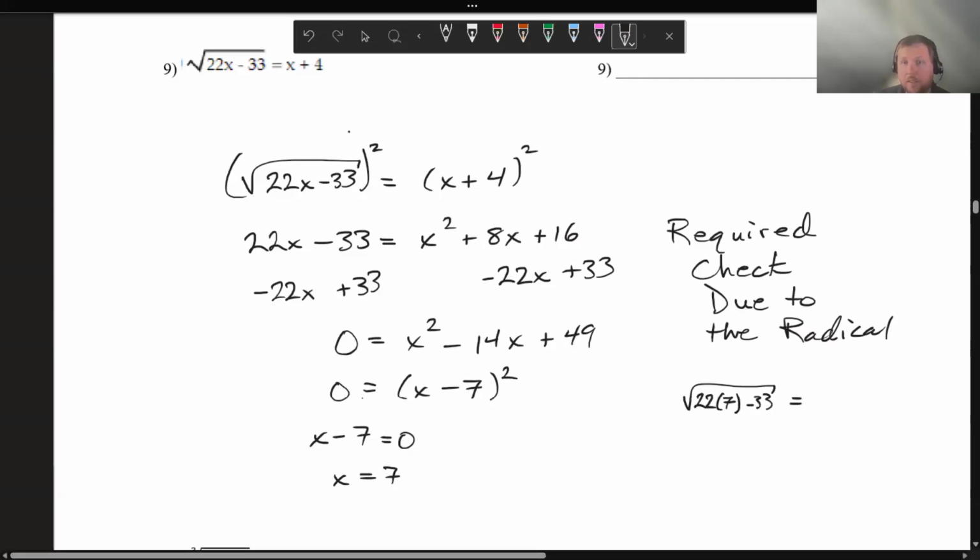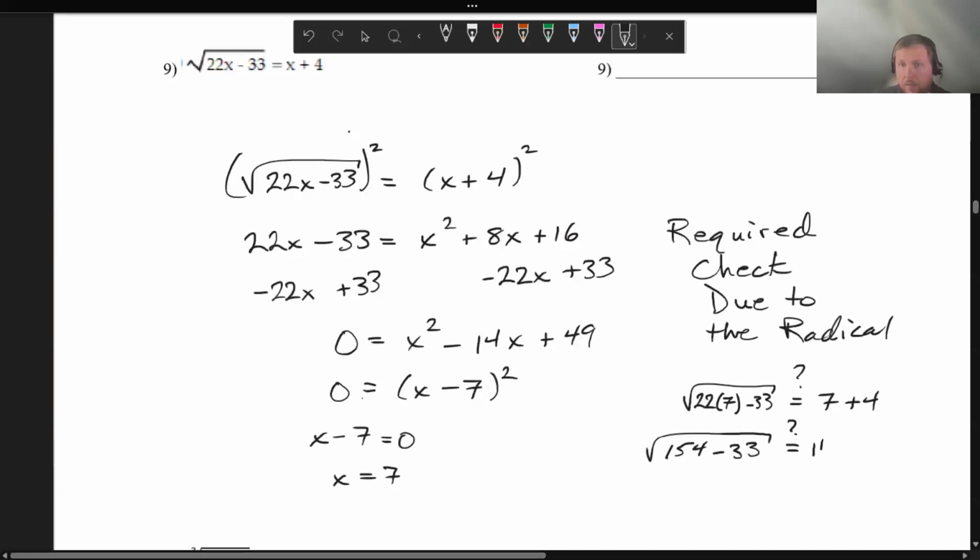So is this equal? 22 times 7, I have 154 minus 33.